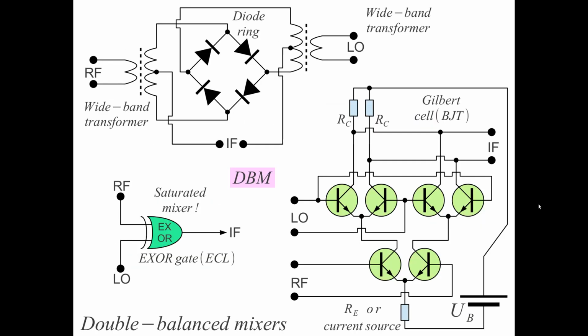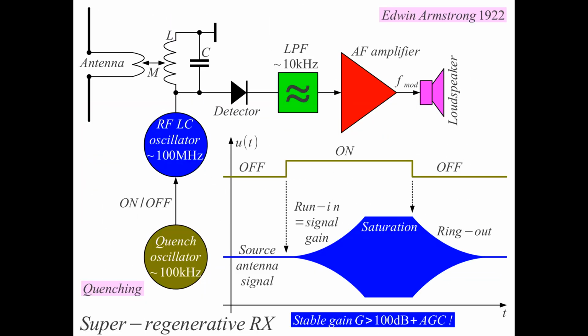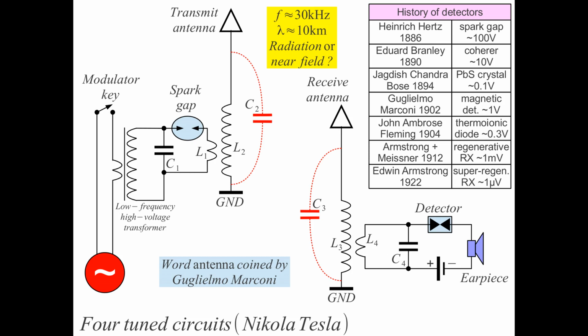Let's see about things about transmitters. So transmitters, we started our discussion with a simple transmitter that could just be turned on or off with a modulator key. So here was a switch that actually powered the transmitter on or off. We would prefer to do better.